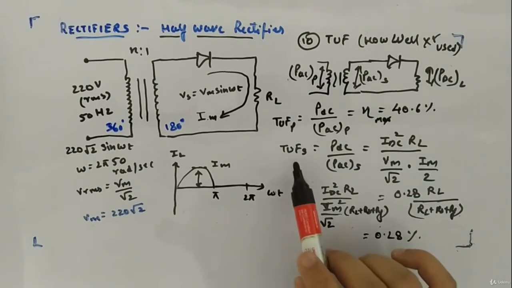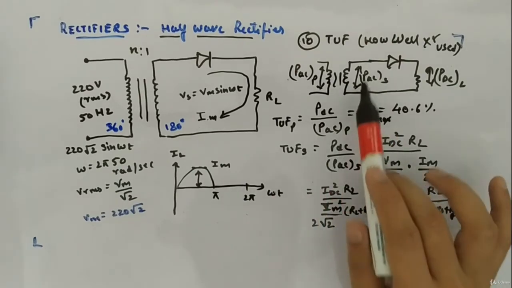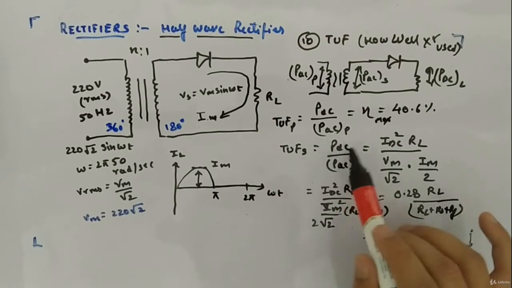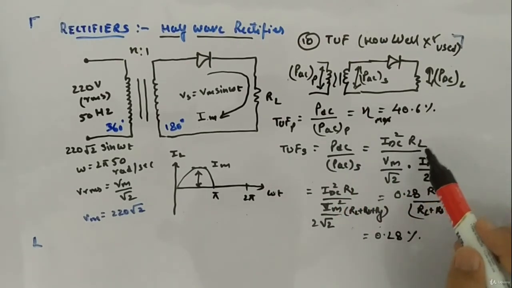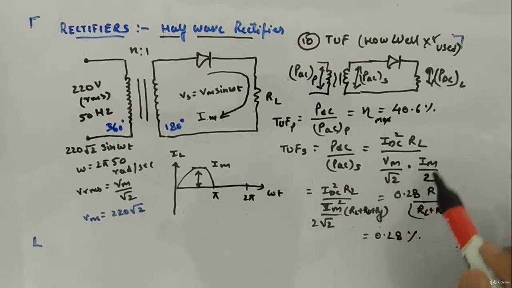Now the second thing is, with respect to the secondary, which is this guy, we know about the secondary AC power. PDC is the same, IDC square RL, divided by the secondary power, which will be Vm divided by root 2 into Im divided by 2.